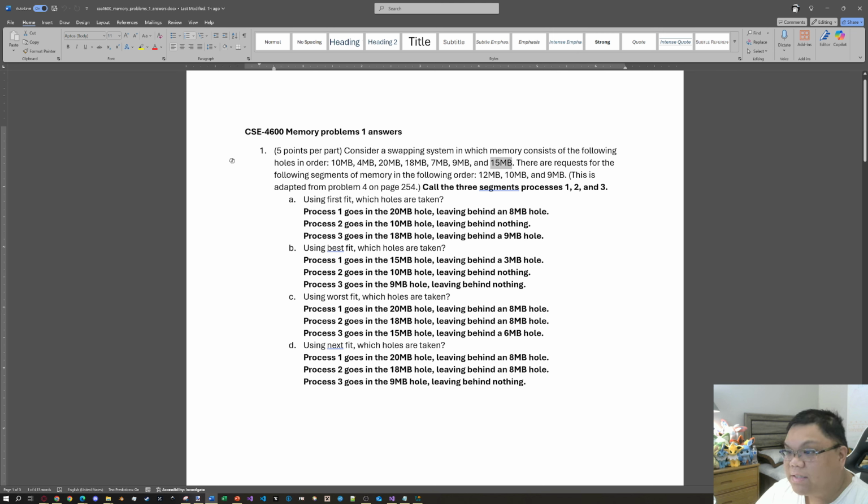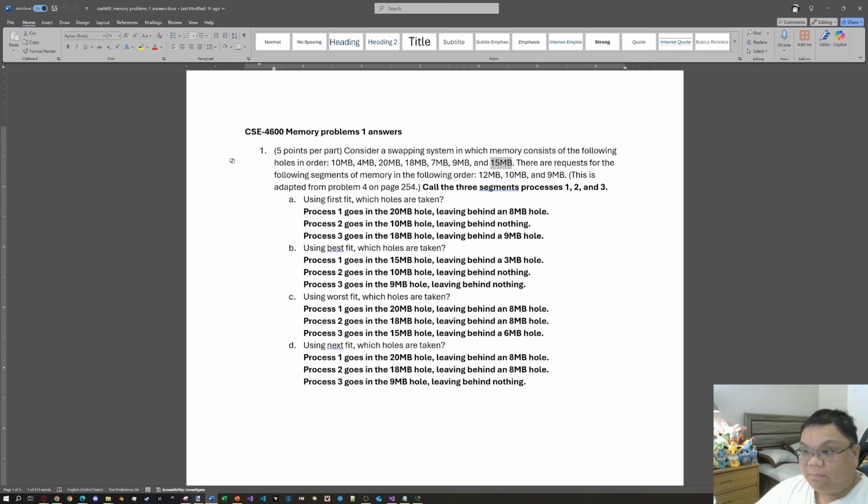The next process is 10 megabytes in size, and the next largest hole is 18 megabytes. And process 3 goes in the next largest hole after that, which is 15 megabytes. All of these leave behind different size holes. Process 1 left behind an 8 megabyte hole, process 2 left behind another 8 megabyte hole, and process 3 left behind a 6 megabyte hole.